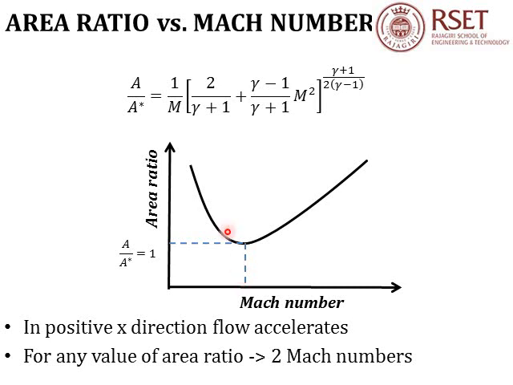Hence, for all values of area ratio other than 1, there are two values of Mach number. One lies in the subsonic region and the other lies in the supersonic region.